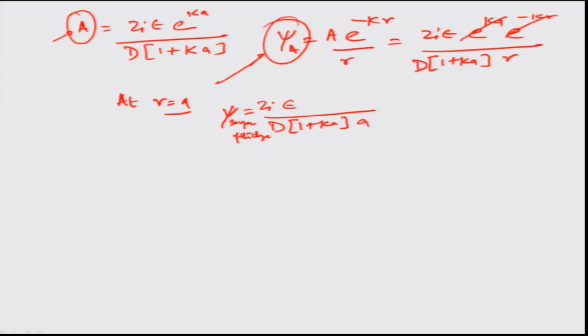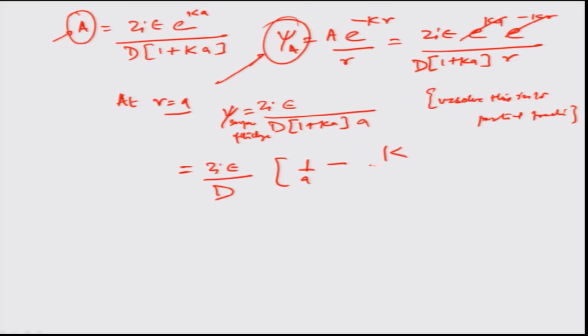And if I wanted to further resolve this into partial fractions, I would be left with two terms here. I can write this down as Zi epsilon by d times 1 by a minus capital K by 1 plus capital K a.